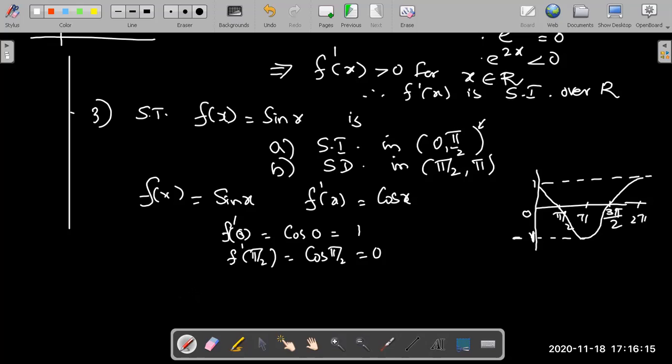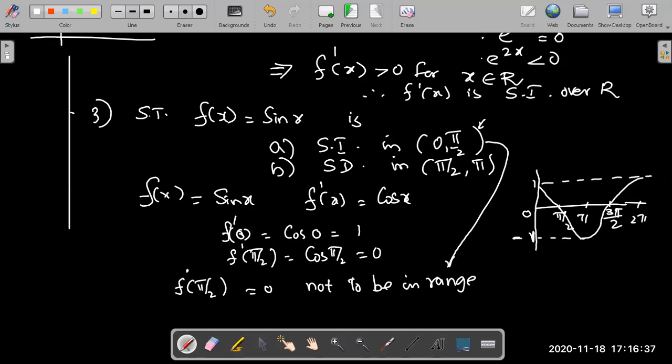The kind of bracket used here means pi by 2 is not included. For any other value, f dash pi by 2 equal to 0 should not be in the range, because we have a curved bracket. If it were a square bracket, then we would have to check.